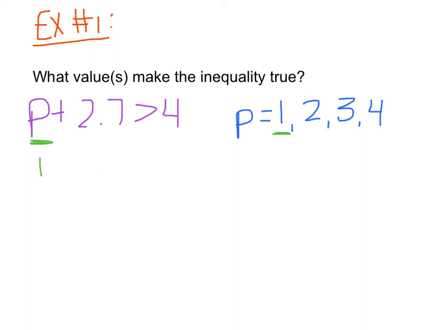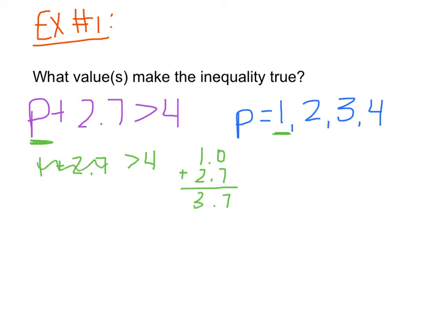So we would have 1 plus 2 7/10 is greater than 4. 1 doesn't have a decimal, so I have to add a decimal and annex a 0, so I can line them up. 0 plus 7 is 7, bring down my decimal. 1 plus 2 is 3.